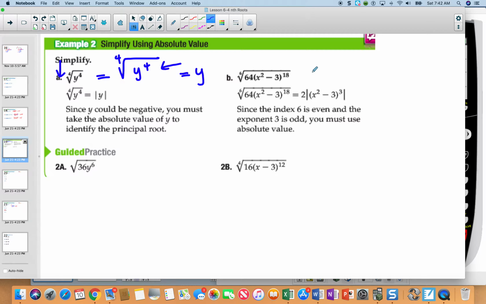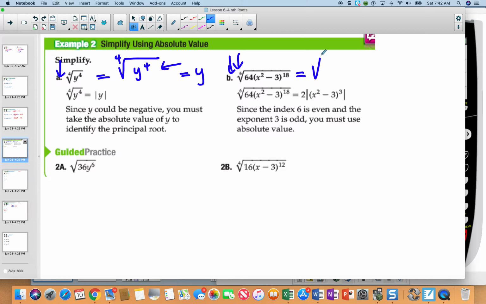Okay, over here in this one, we're going to do much the same thing. This is an even root, and the sign that's in front of it is assumed to be positive. So when we get the answer, we must be able to assure ourselves that we're going to get a positive number.